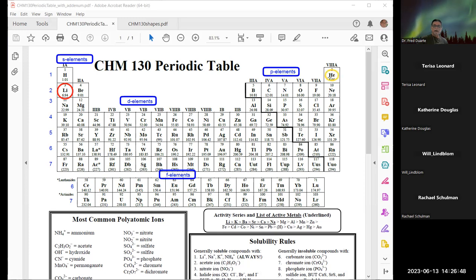Sodium, by losing 1 valence electron, becomes isoelectronic with neon, and so forth. Potassium, right here, losing that one valence electron, now becomes isoelectronic with argon.